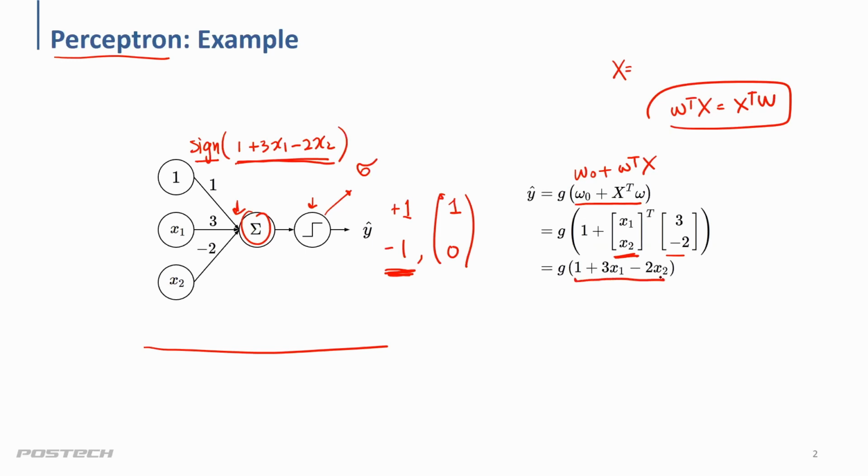And here we have the equation: if you set this equal to 0, this is the classification boundary, or decision boundary. So again from here we can say that perceptron is one of the linear classifiers, as you can see.